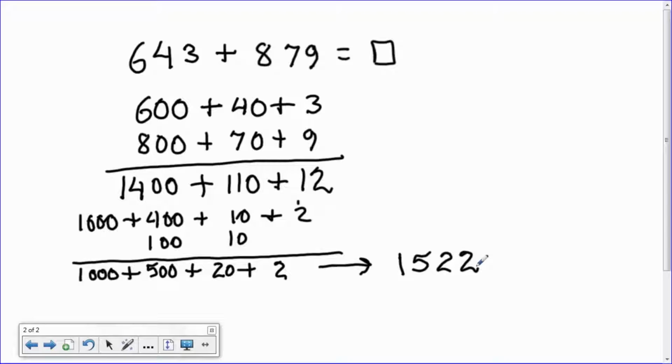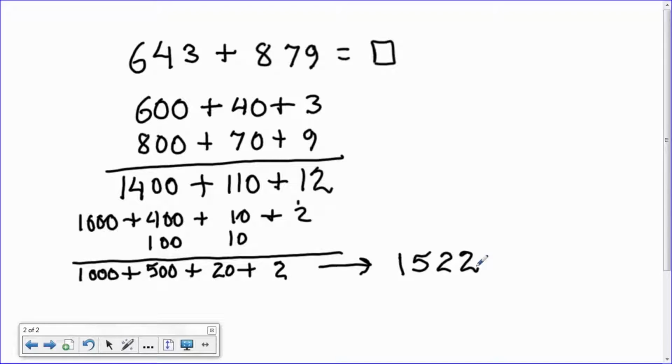We want to take advantage of friendly numbers, power 10 arithmetic, and single-digit arithmetic in order to make the computations easier, facilitate the arithmetic. So we split it up into friendly numbers, 600 plus 40 plus 3, 800 plus 70 plus 9.